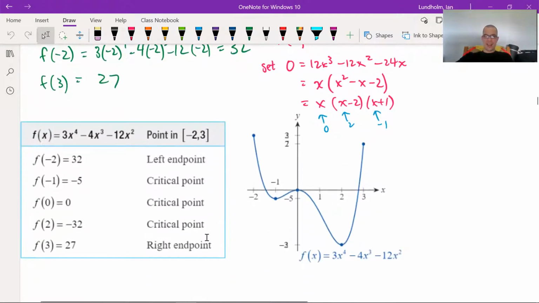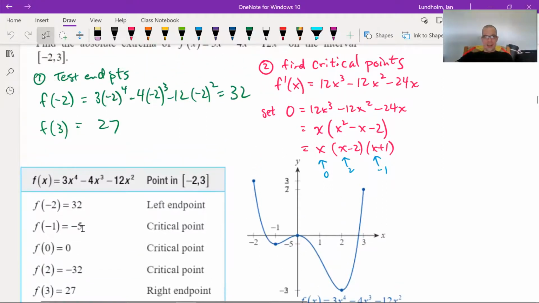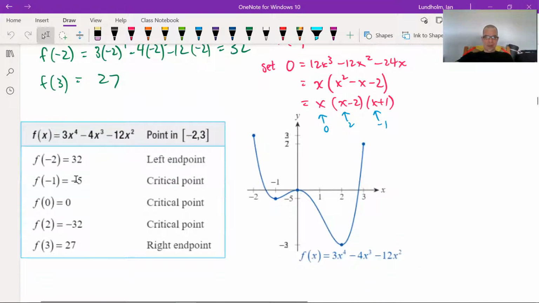And when we go down here, I put this in here to save time. Right, so these are our critical points. We get different y values for each one of those, but if we're looking for an absolute max and an absolute min, our absolute max would be the biggest number that we see for a y value.